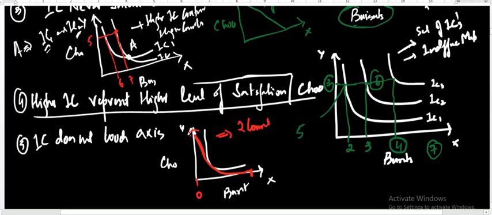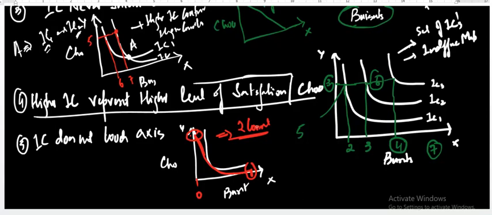So these points are not possible for the indifference curve analysis, because at least 2 commodities need to be present. Even if the second commodity is just 1 unit, it needs to be present in the combination. Otherwise, it will simply become a one commodity case that is studied under the marginal utility analysis that we have talked about in the previous lectures.